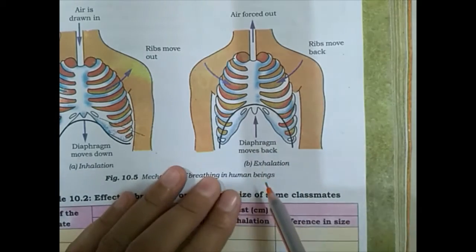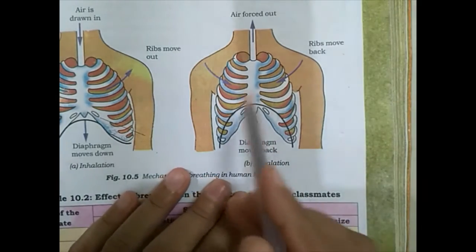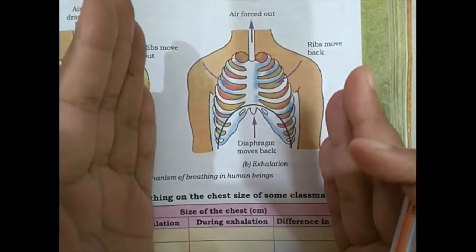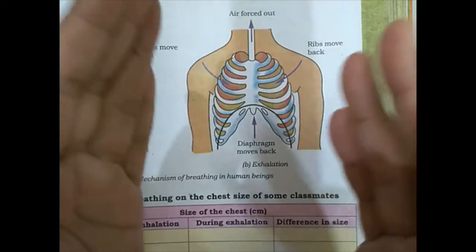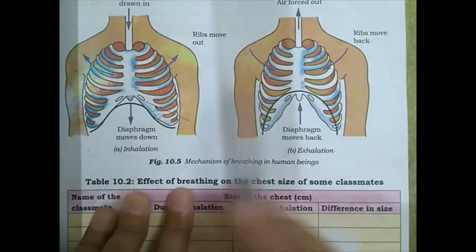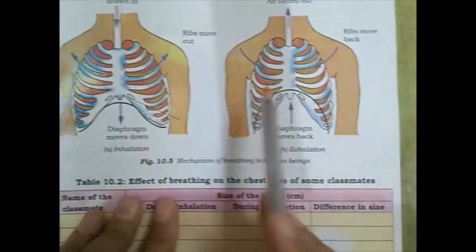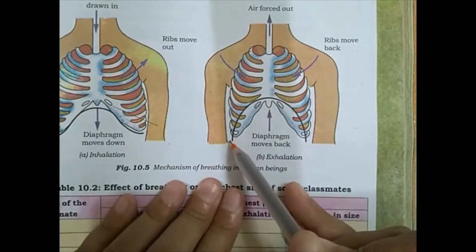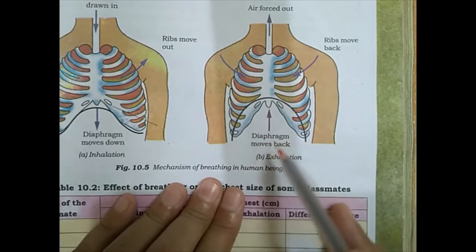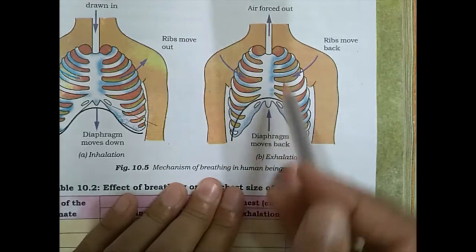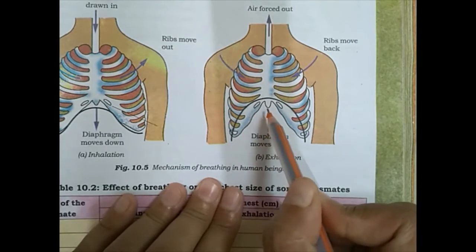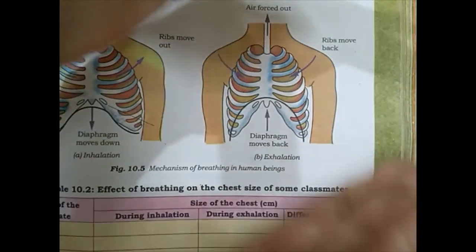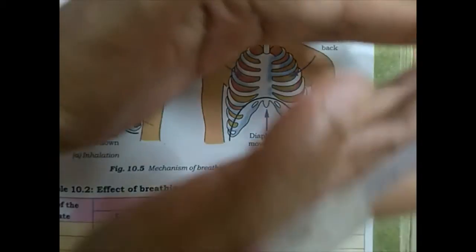So in the process of exhalation, the chest cavity minimizes its area. Here we can see the difference. Here the area is increased and here the area is decreased, so the diaphragm moves back, meaning it moves upward, to minimize the area.